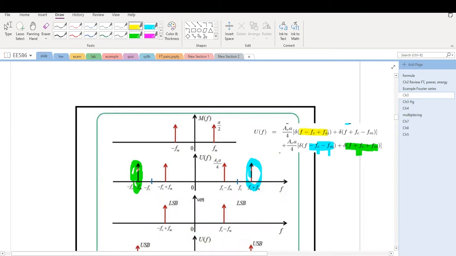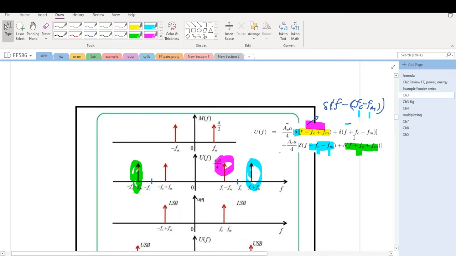What about this one? This one is sitting at fc minus fm, because if you do a little reorganization here, that's f minus fc minus fm. This delta function sitting at fc minus fm will be this, right?